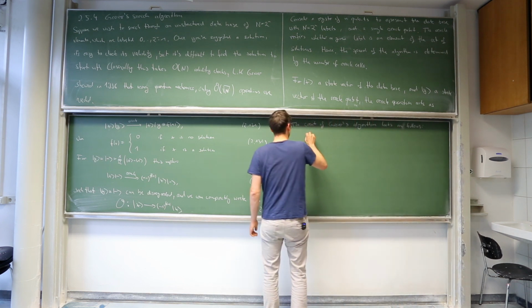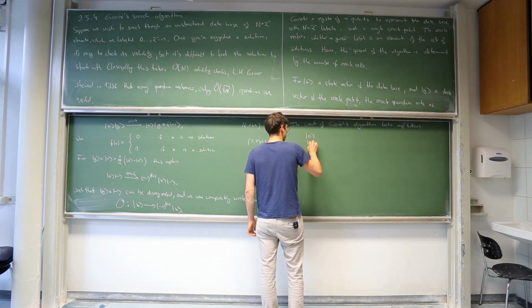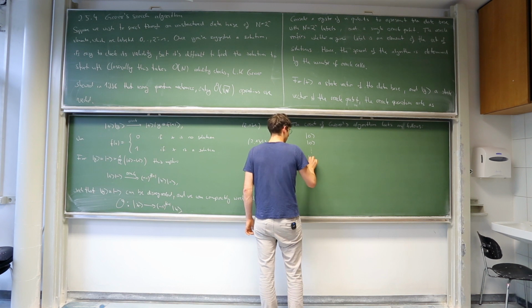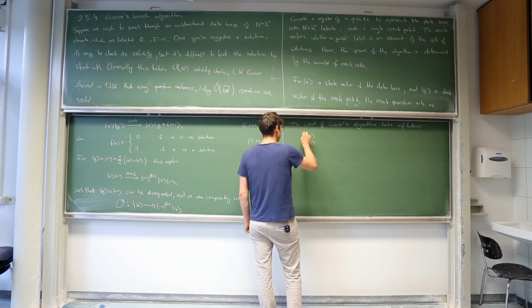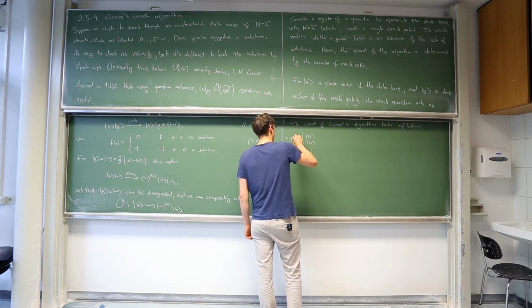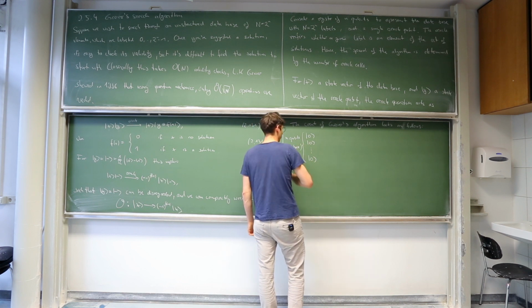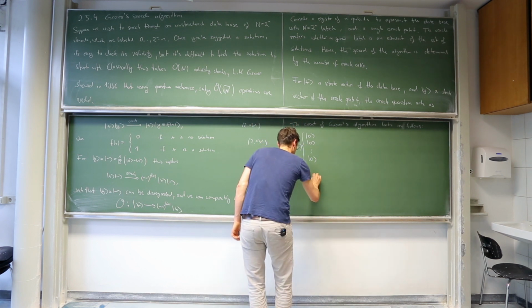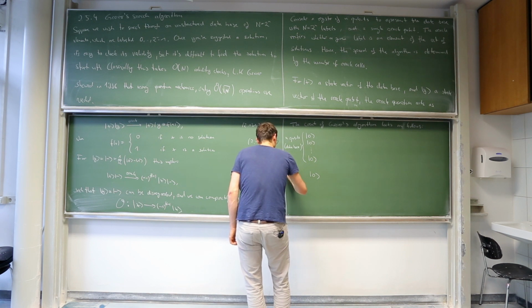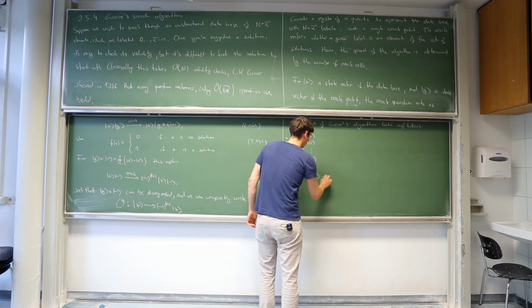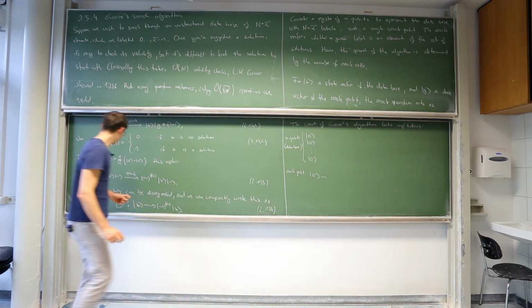So we start with our qubits in 0. These are n qubits, which is our database. And then we have a single oracle qubit, which we want to set to minus.